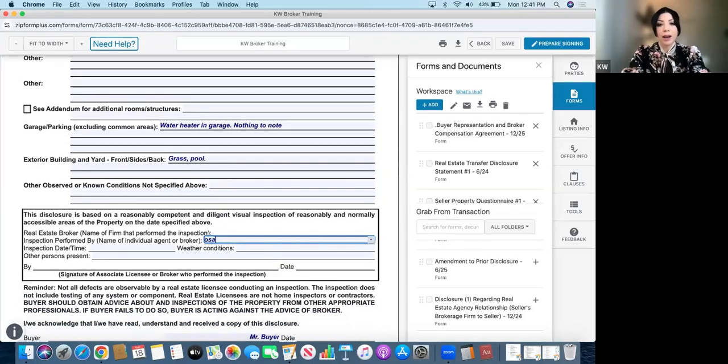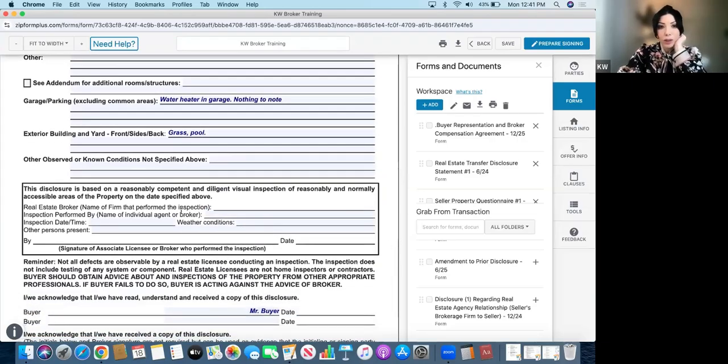So I like to do this, as a buyer's agent, I like to do my AVID when I do the home inspection. So I have the home inspector at the property. I go out, let them into the property, and then I like to do my AVID. And so you can find your own way of doing it or whatever you feel comfortable with, but I like to do it at that time and be out there at the property.